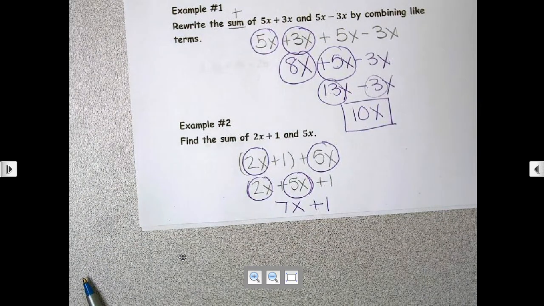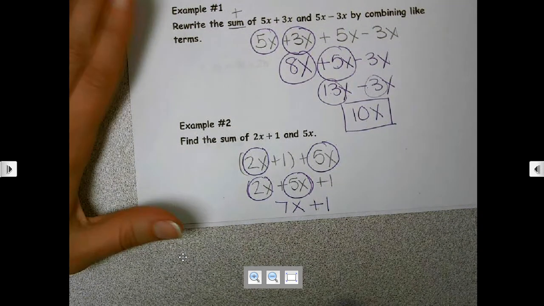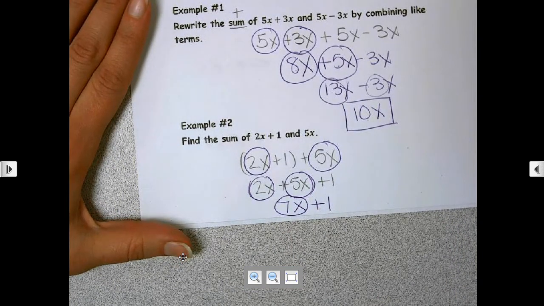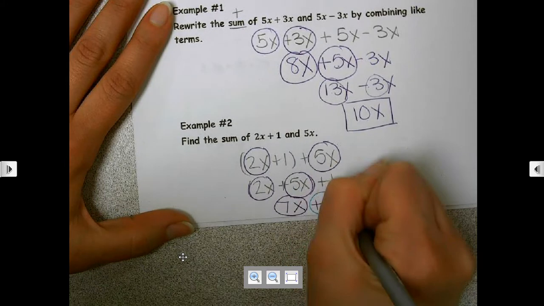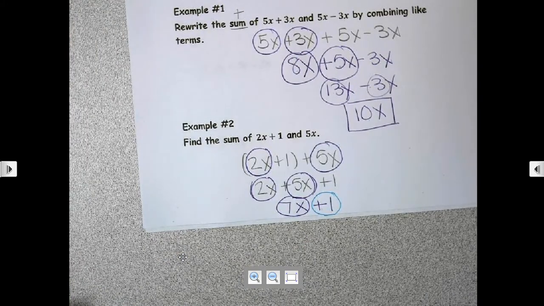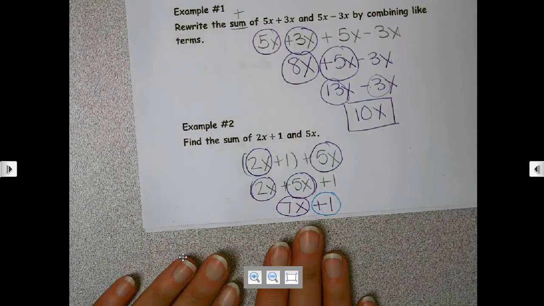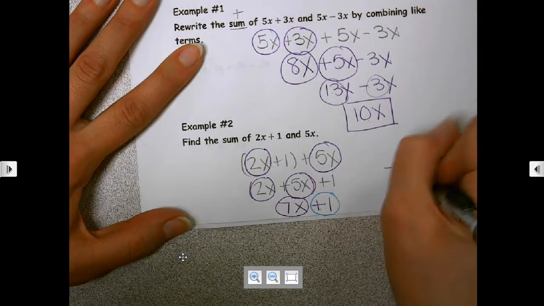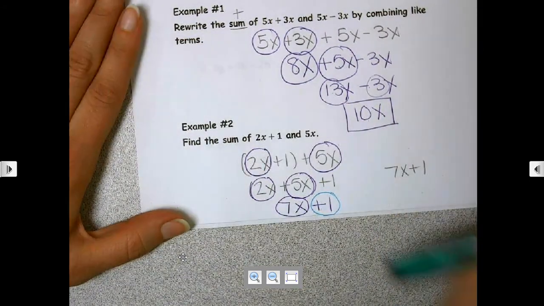Now, 7x is one term, and positive 1 is a constant. We have a term that has a variable and a constant. So we are actually finished combining like terms. This is our final answer of 7x plus 1.